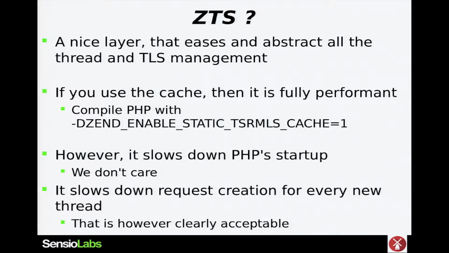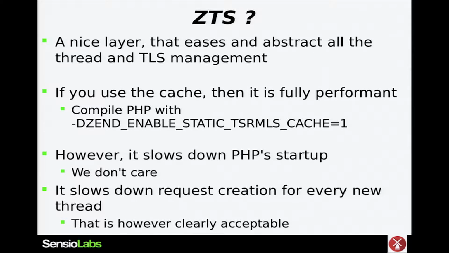So if you want to have a go at PHP extension development, using threads is very easy because you will use the ZTS layer. You compile with enable static TSRM cache. You don't have to take care of this; usually this is done for you. And then you will have your ZTS layer activated.